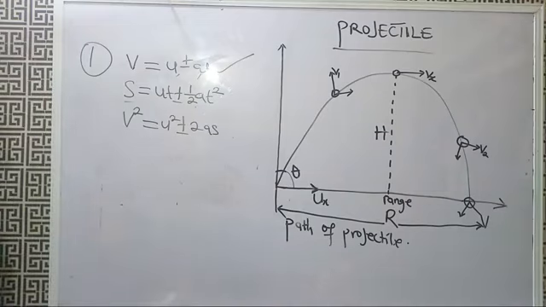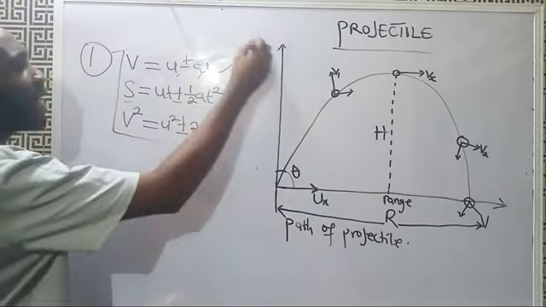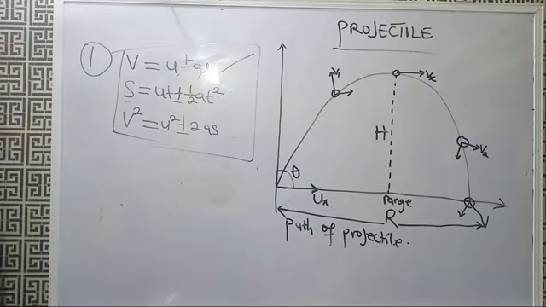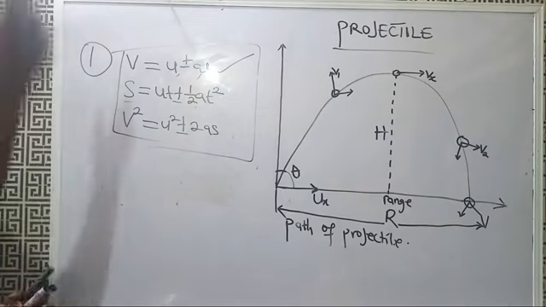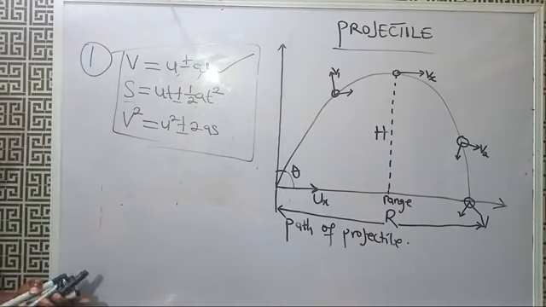But these three equations are used for a body moving in a straight line on land, not when a body is going upward. So what is the case where the body is moving upward?